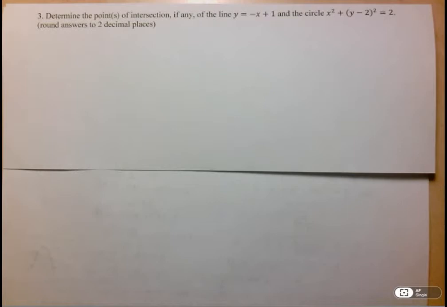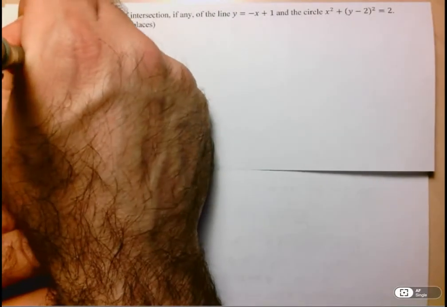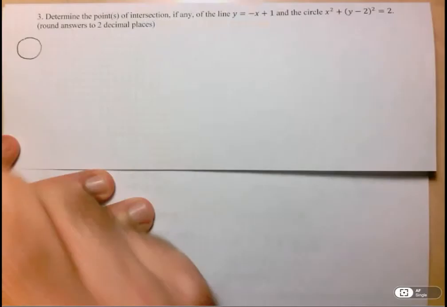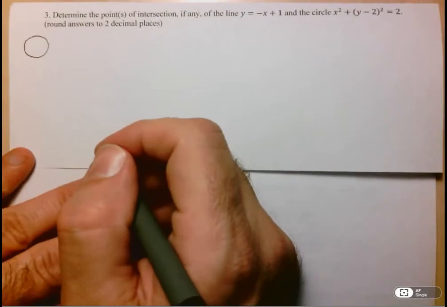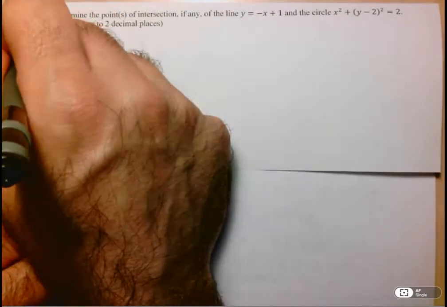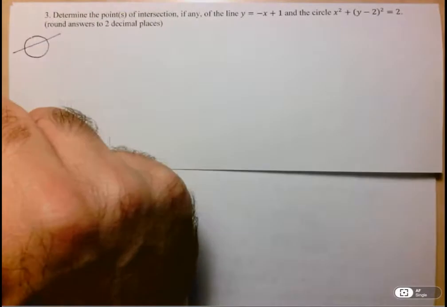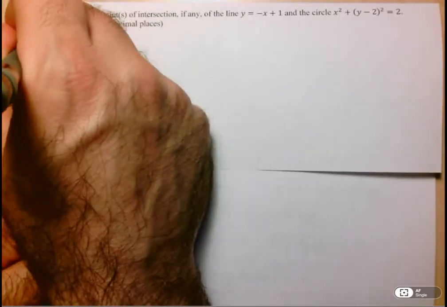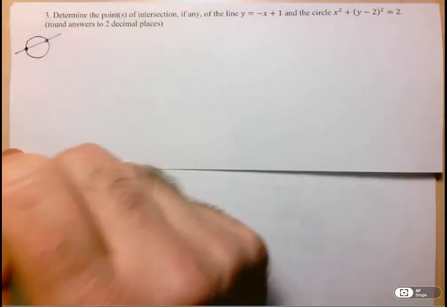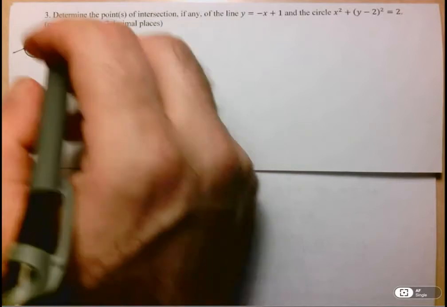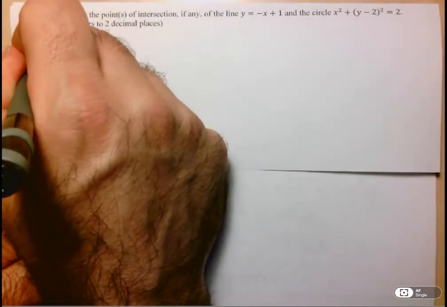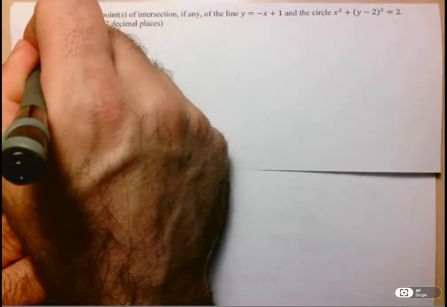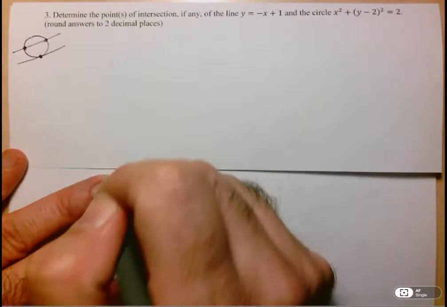As before, let's look at the possibilities. If I've got some circle, you won't be too surprised to see what the options are. I could have the line which goes through the circle and crosses it 2 times, so we have 2 possible solutions. We could have the line which is perfectly tangent to the circle, touching at only 1 point.